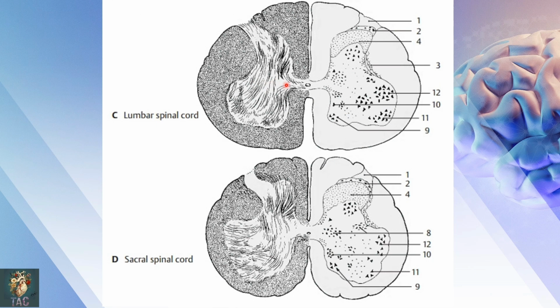Next is the lumbar area. In the lumbar area again you can see enlargement in the anterior horn for the lumbar plexus which supplies the lower limb. Here are different groups of nuclei. You can again see the tract of Lissauer, the nucleus posteromarginalis, the substantia gelatinosa, and the reticular formation.